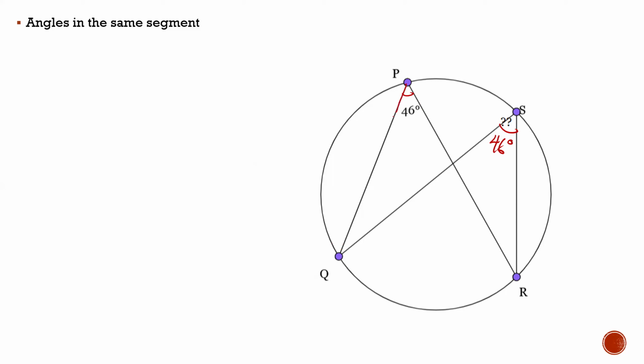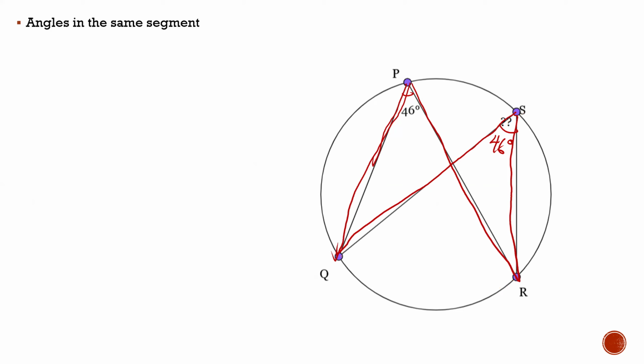Let's trace it down to point Q, down to point R. So the chords that form this particular angle are subtended from points Q and R. Now look at this other angle. Isn't it the same? If you trace it down, it also starts from points Q and R. So these angles are formed from the same points, Q and R.